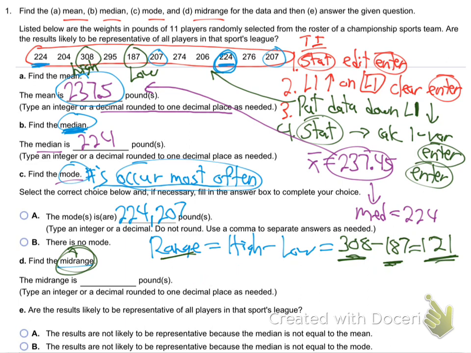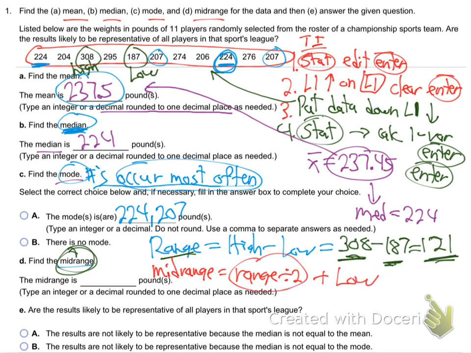In fact, let me just write the formula. The mid-range is going to be the low number added to the range over 2. The range divided by 2. Or it might make more sense if I write it this way. You got to take the range divided by 2 and add that to the low number, don't you?